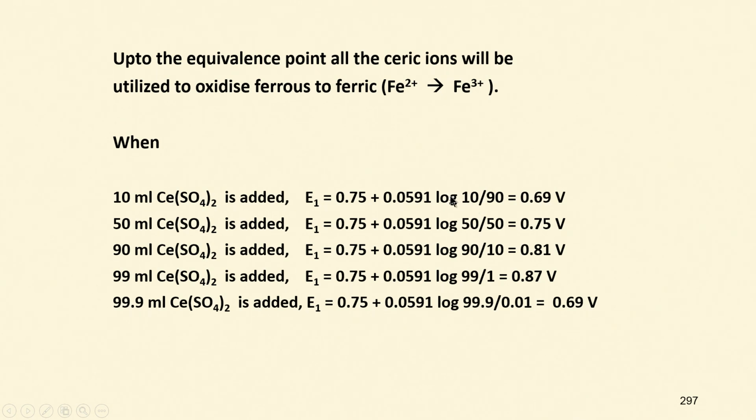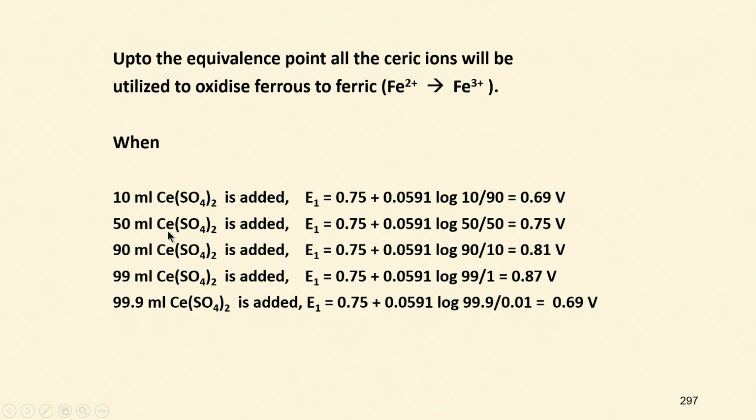That is why we take 10 times concentration of ceric compared to 100 ml of 0.01 ferrous, and I need 100 ml of the 0.01 ceric, but I am taking 0.1 normal, that is 10 times more concentrated. So, I am justified in neglecting the dilution effect.